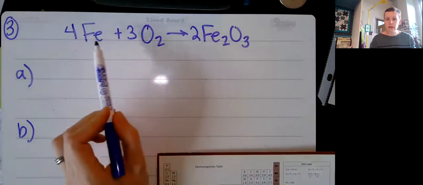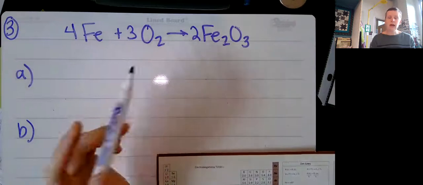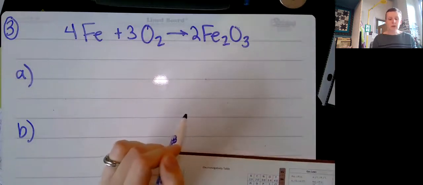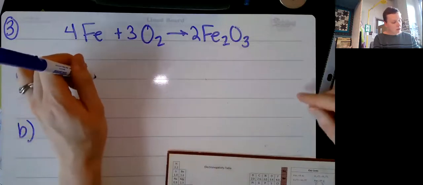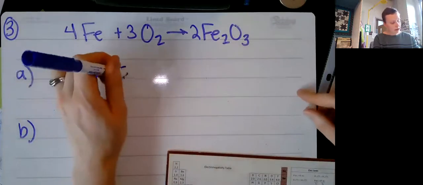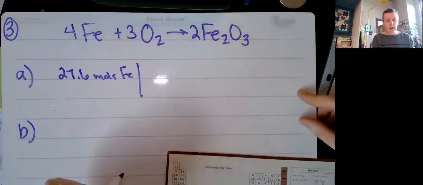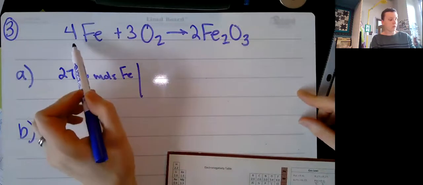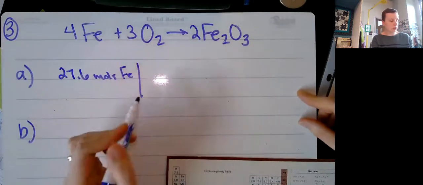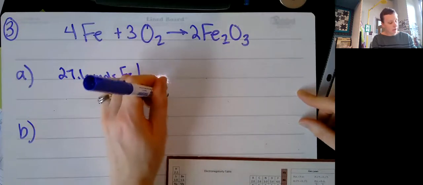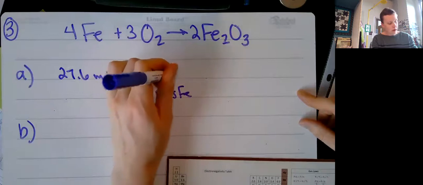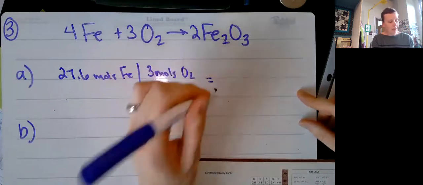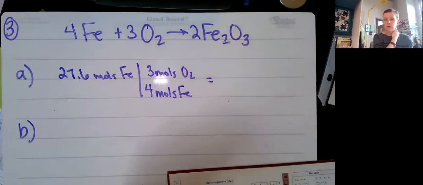So this is the mole ratio, 4:3, and that's the only thing we need for this problem. So we set our problem up starting with what we're given, 27.6 moles of iron. And we know that there are 4 moles of iron for every 3 moles of oxygen. The iron needs to cancel, so we'll put 4 moles of Fe on the bottom for every 3 moles of O2 on the top. And that's where we stop because it's asking for moles, okay?